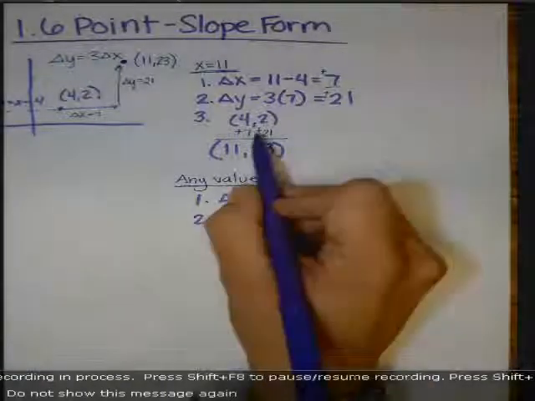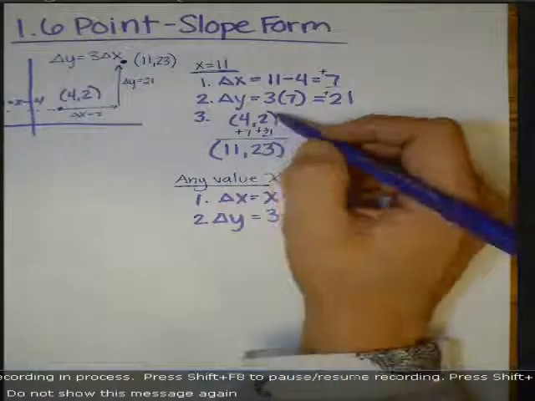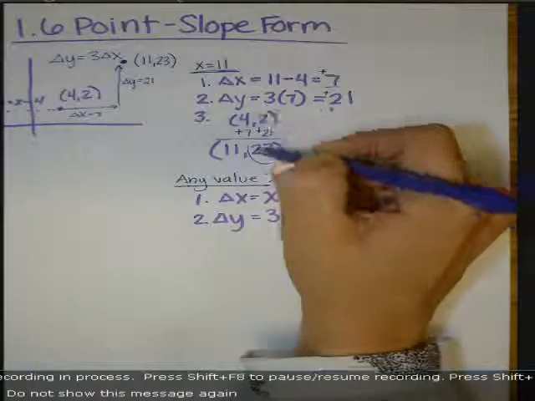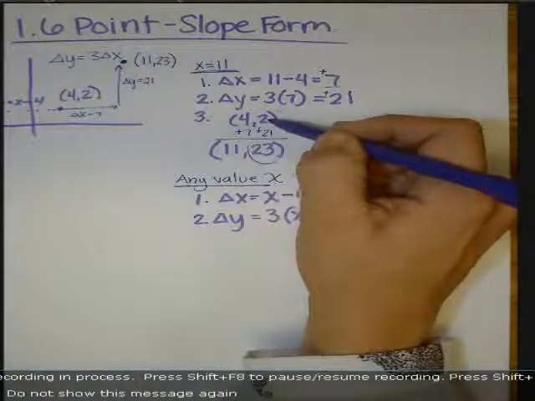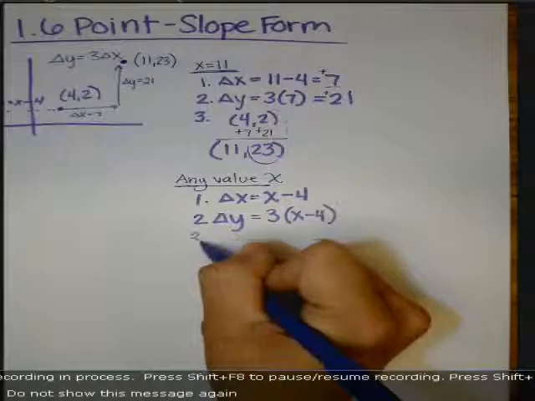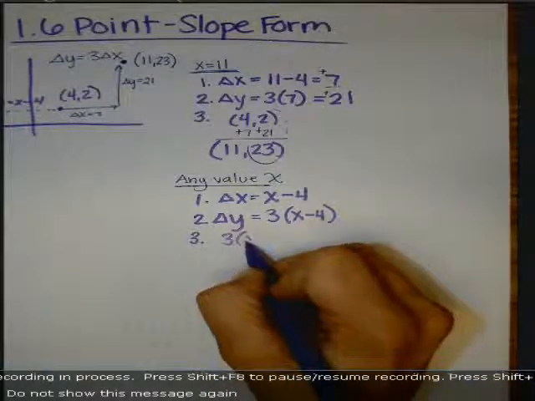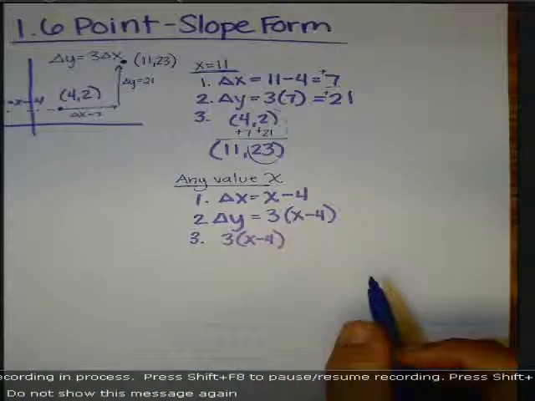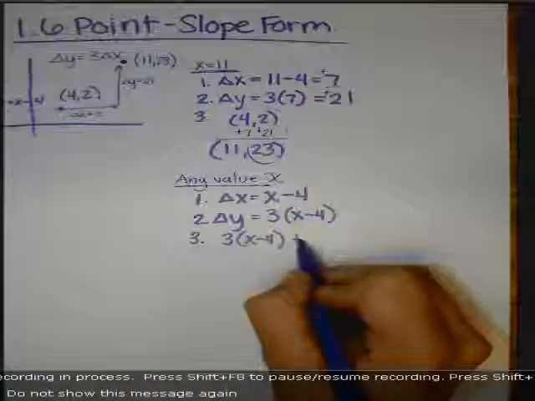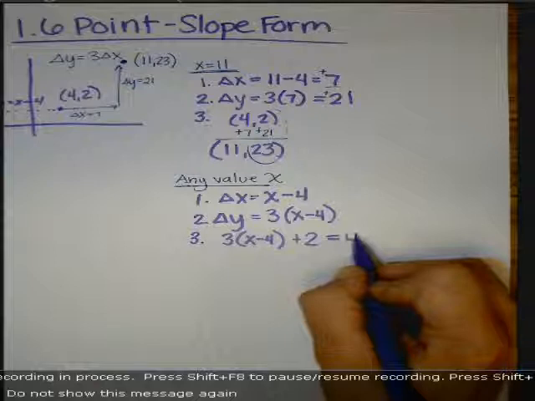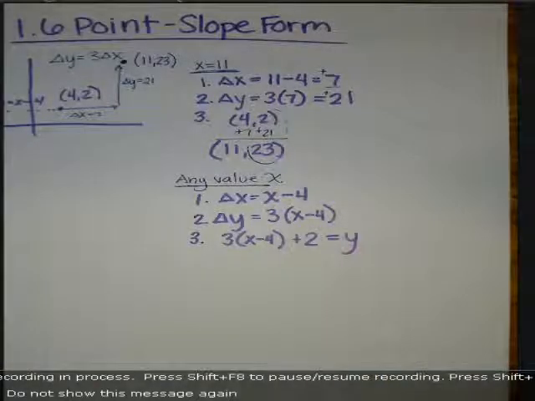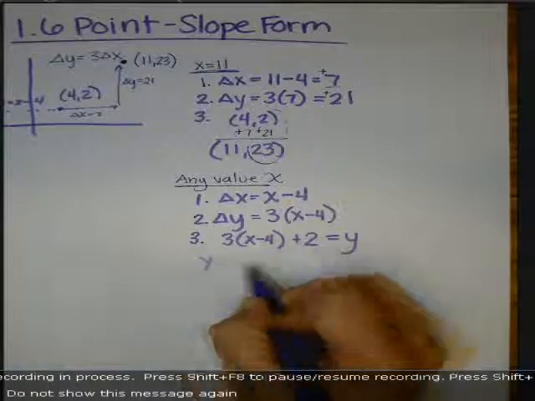Next, I need to calculate the value of y. Notice that the value of y here was found by taking my change and adding the y value. So on this one, I'm going to take the change in y and add my original y value of 2. Here we have a formula. And I really like to write the y on the other side.